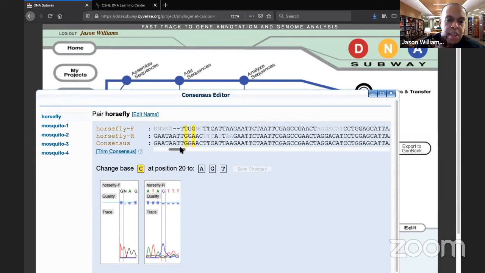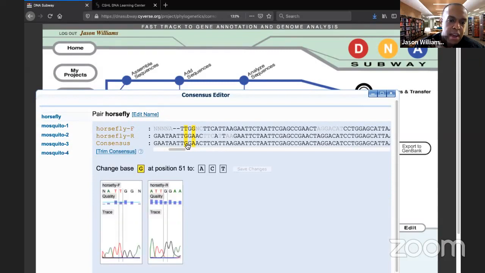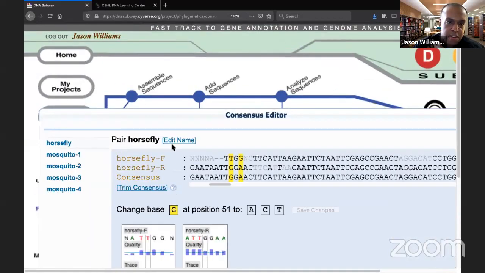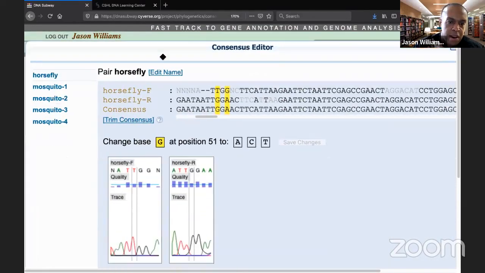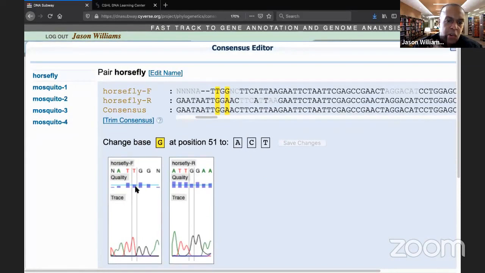The other thing that you can see is that if these two positions, F and R, so the forward sequence and the reverse sequence, have data, but they disagree, if you click on the nucleotide, you can see, let me zoom in, make sure you can see that. On the forward read there is a T that's called at low quality, it's barely touching that line.